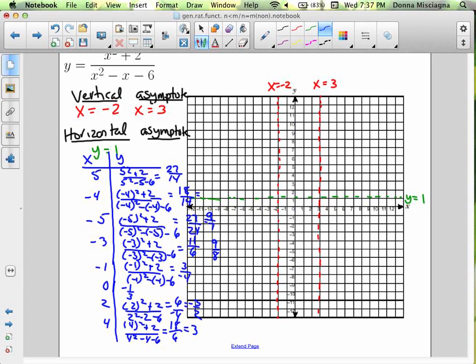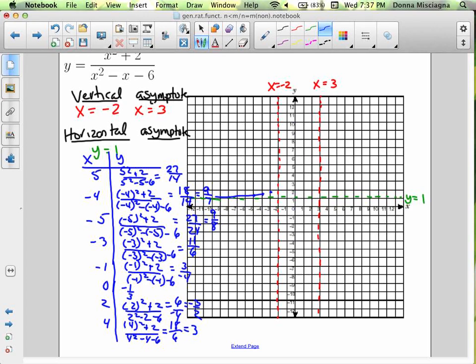All right, so negative 5, 9, 7. So a little bit more than 1. Negative 4, 9. Sorry, this goes here. This goes here. 9 eighths, which is just a tad bit more. And then this one, 11 sixths is almost 2. Really, I didn't need all 3 of those points.